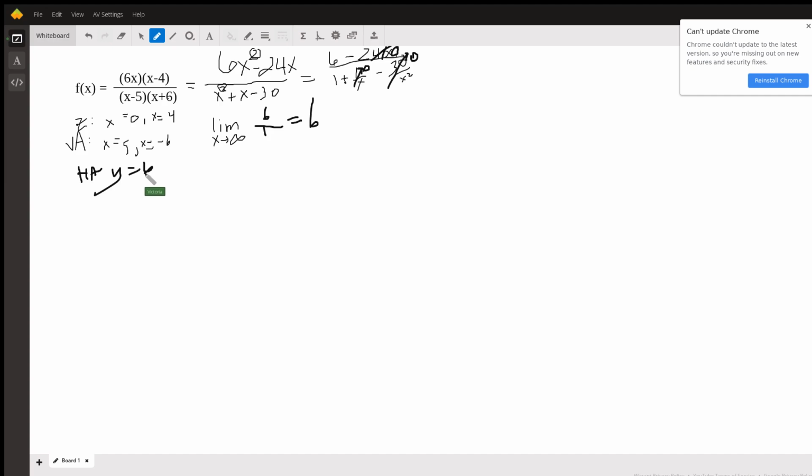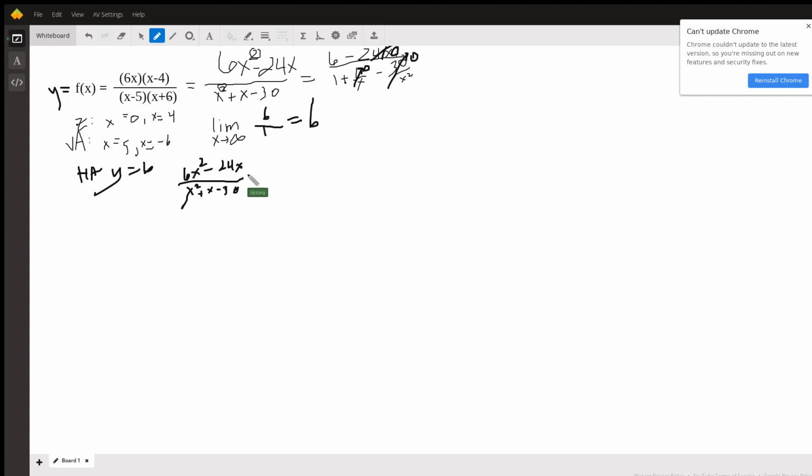And so our goal now is to find out what x value that is. If we know y has to be 6, we set our f of x, our 6x squared minus 24x over x squared plus x minus 30, that's y, right? f of x is y.